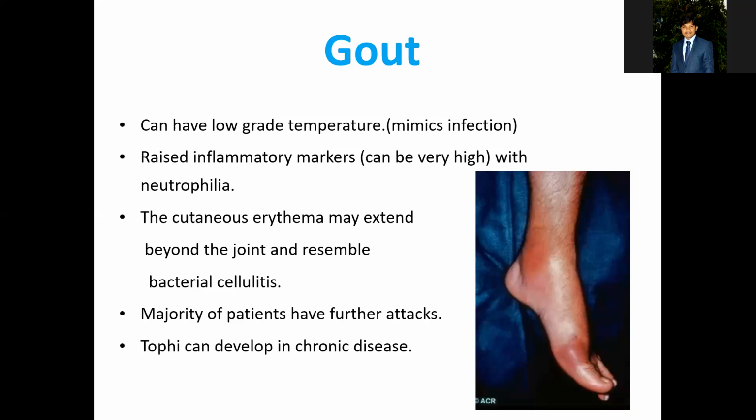It raises inflammatory markers with neutrophilia, and the cutaneous erythema may extend beyond the joint and resemble bacterial cellulitis. The majority of gouty patients have further attacks, and most of the time the metatarsophalangeal joints are involved. Atrophy can occur in the chronic phase of gouty arthritis.